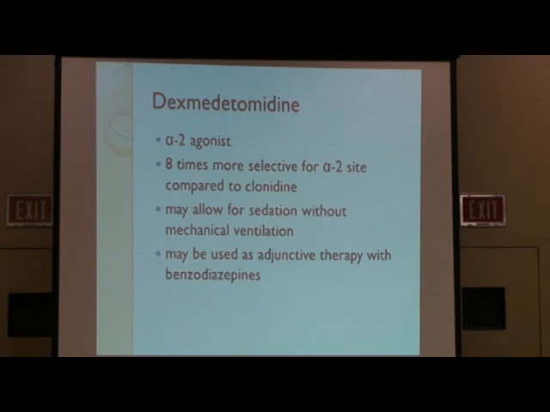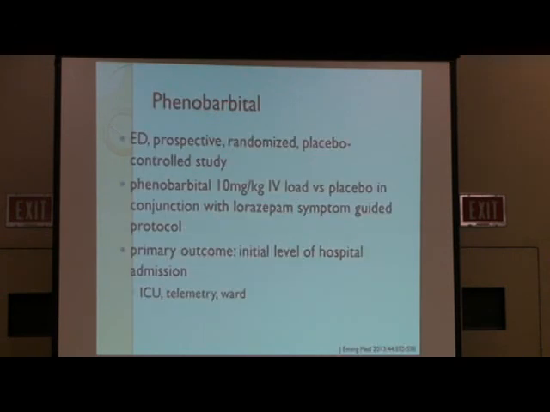It is suggested that it might be good adjunctive therapy to try to get the benzodiazepines down or off. Phenobarbital we're beginning to use more and more in my unit. I like phenobarbital. I used to like chlordiazepoxide a lot, but then I saw it fail so much. And so with phenobarb, I think we're able to get some additional help.